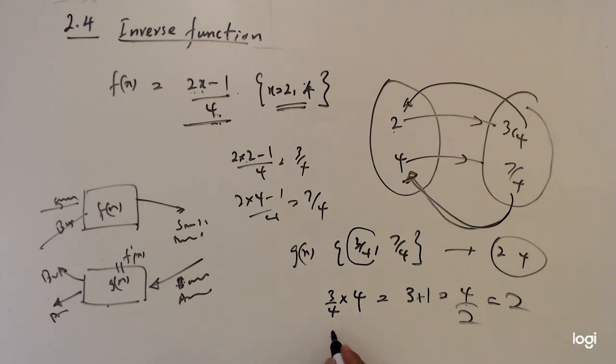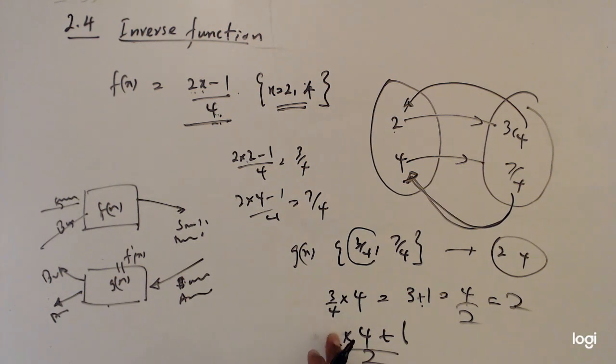So basically I want to take this value, let's say alpha, then multiply by 4, then add 1, and then divide by 2. This alpha symbol is not clear, so I will put beta, or capital M, something like that.